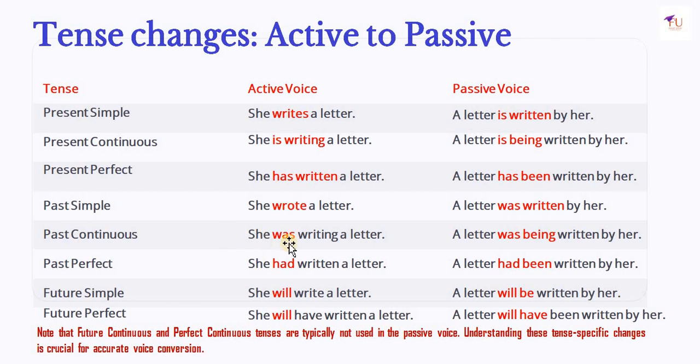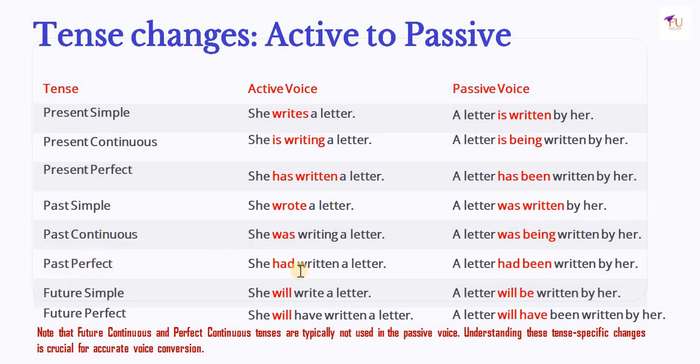Past continuous: she was writing a letter. This can be converted to was being and then written. The third form will always be there, plus the helping verb was plus being. Being is always added to any tense related to continuous or progressive form.